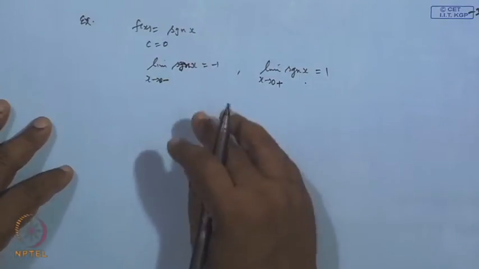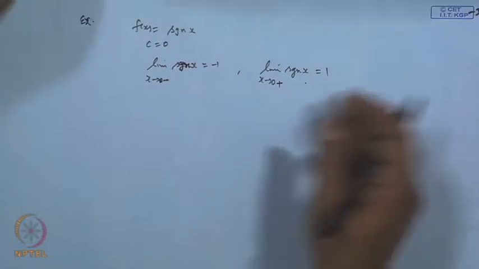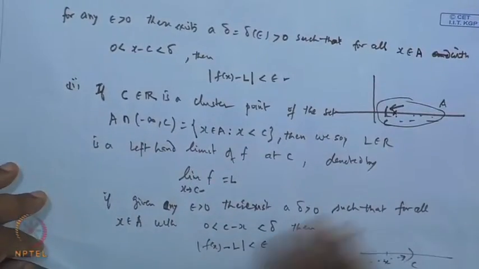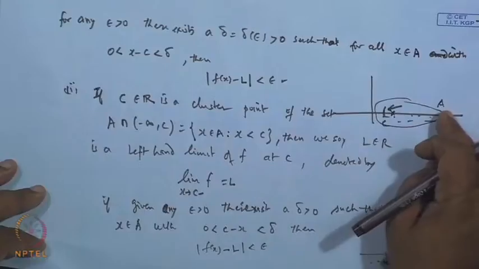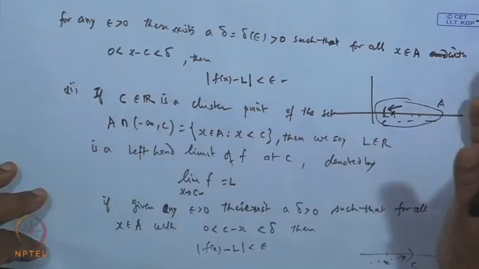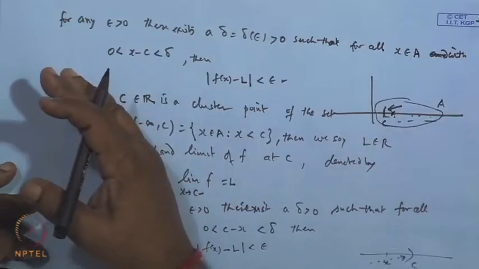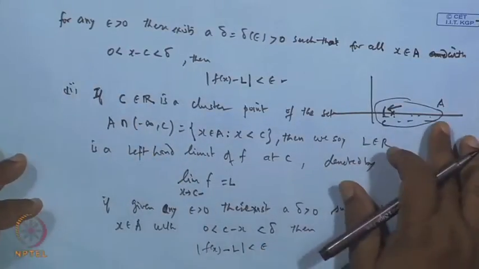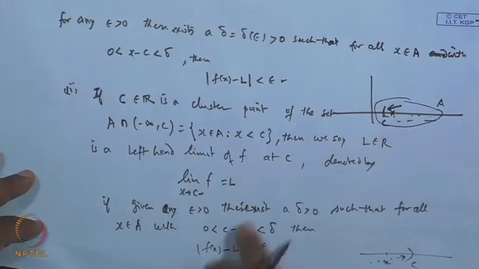Okay. Now, when we introduce the concept of the left hand or the right hand limit, we look at the set A, an intersection with C to infinity if it is the right hand limit, or intersection with minus infinity to C if it is the left hand limit. And then if the limit satisfies this condition, then we say the limit exists.